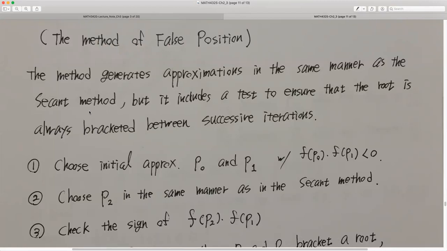So we want to avoid finding f prime in the algorithm. We use the same manner as the secant method, but it includes a test to ensure that the root is always bracketed between successive iterations.